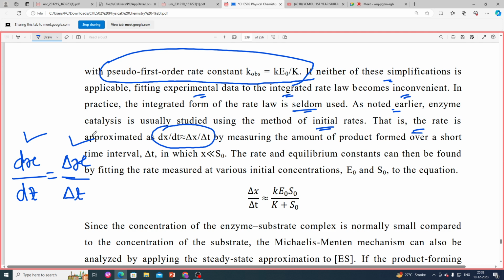But if you are using dx and dt, that means the difference is very small. And if we are using delta, the triangle delta, that means the difference is very big. So we can use the triangle x divided by triangle t, and if the small difference is there, then we can use dx by dt.